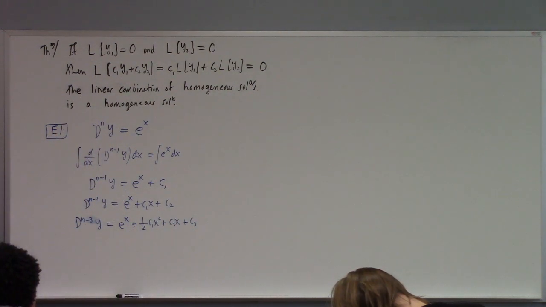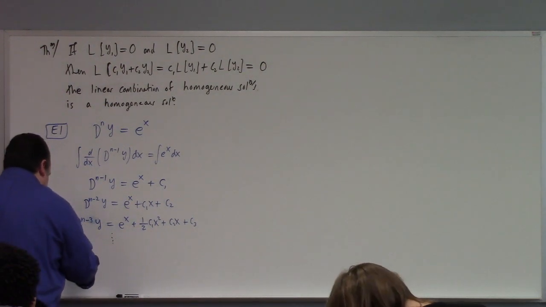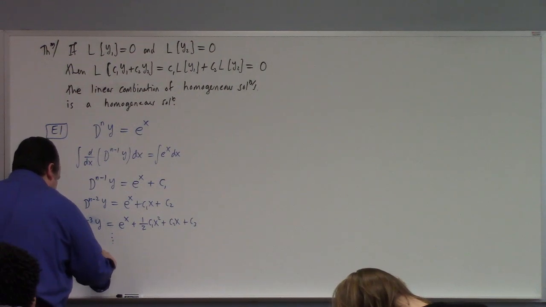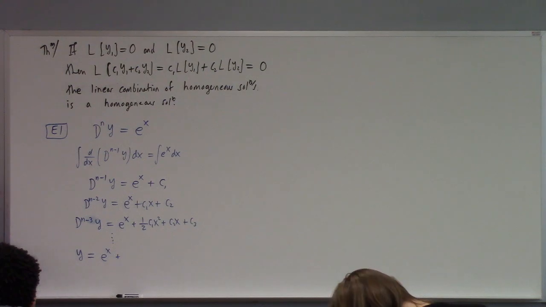If I integrate again, you see where we're going with this, all right? So I'm just going to get to the end of it. Eventually we get to y is equal to e to the x plus what? What happens as we integrate?